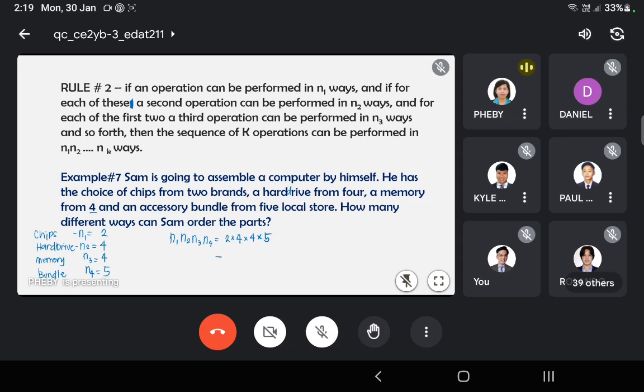So, how many ways para maka-order si Sam ng mga parts para mabuo niya yung computer niya? Ilang ways daw? 160. So, there are 160 ways.